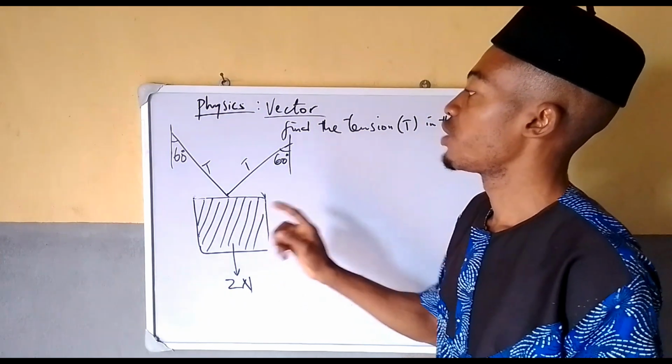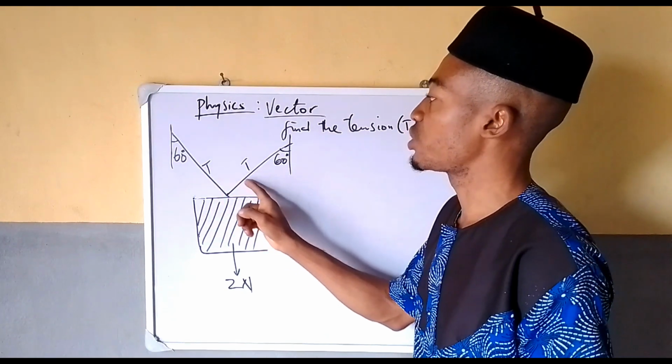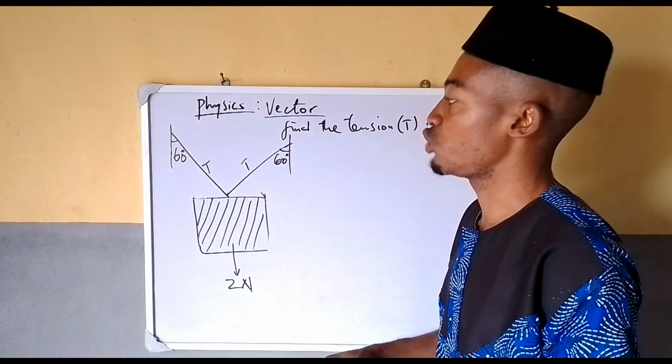So the two ropes are inclined at angle 60 to the wall.